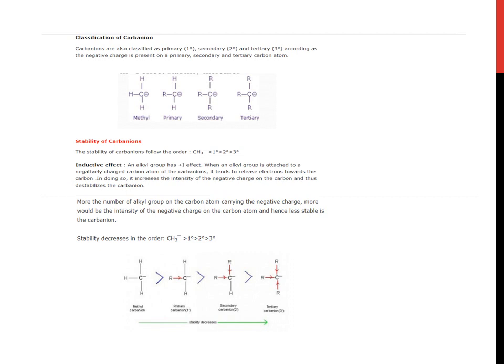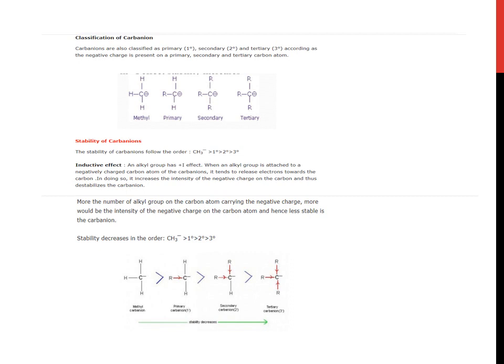In doing so, it increases the intensity of negative charge on the carbon and thus destabilizes the carbanion. The more alkyl groups on the carbon carrying the negative charge, the greater the intensity of negative charge on the carbon atom and hence the less stable the carbanion.